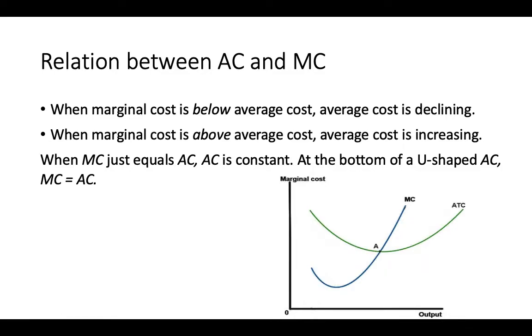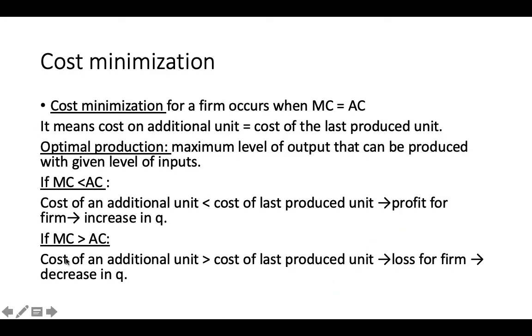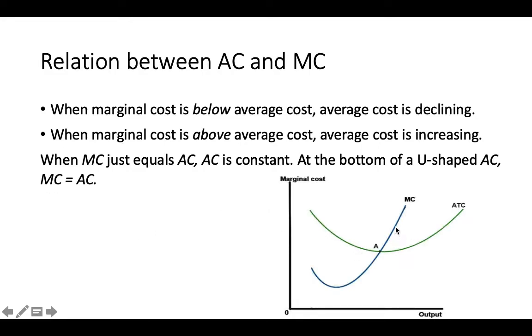But it is quite possible that marginal cost can be higher than average cost. Again, let's go back to the picture that this is marginal cost and this is average cost.